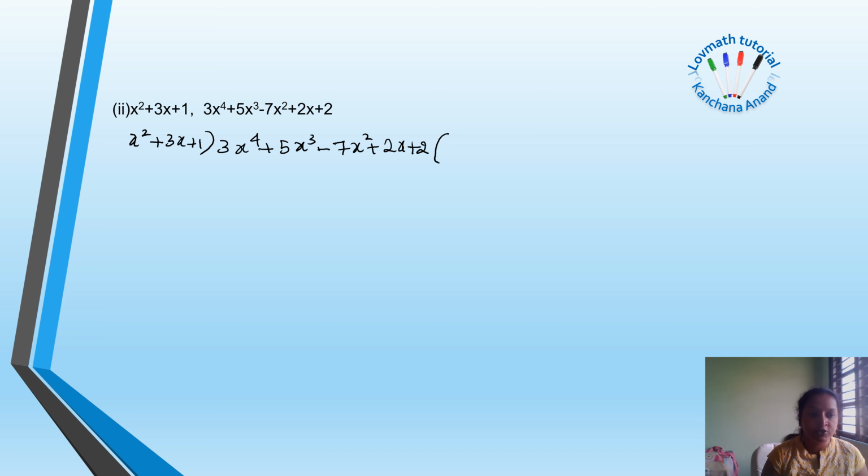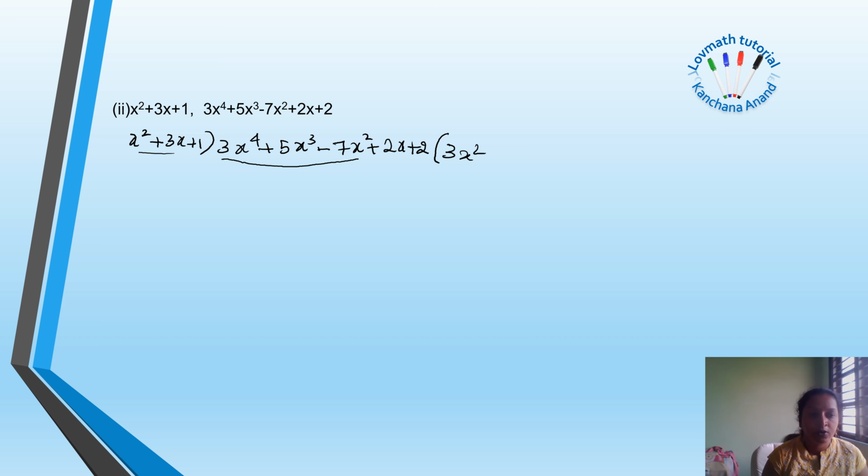To solve this equation further, we have to multiply the first polynomial by 3x square. Here we have 3 terms. So here also we will take the first 3 terms for division.